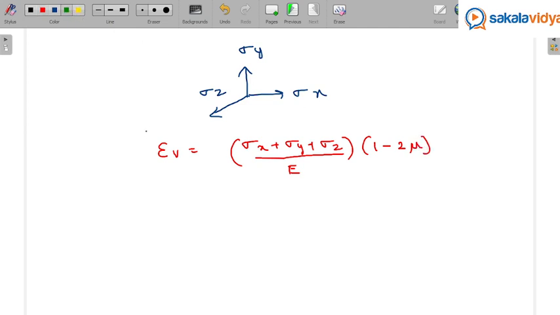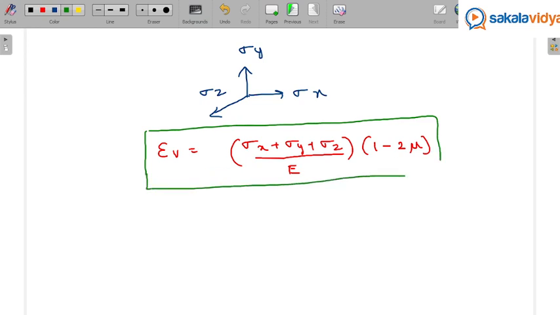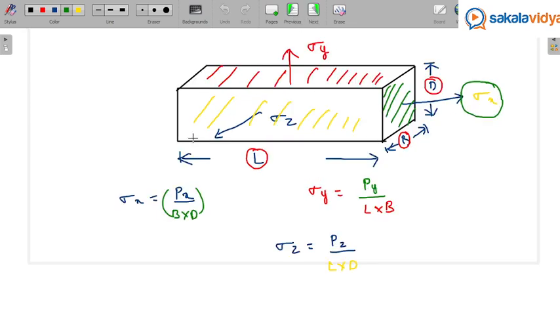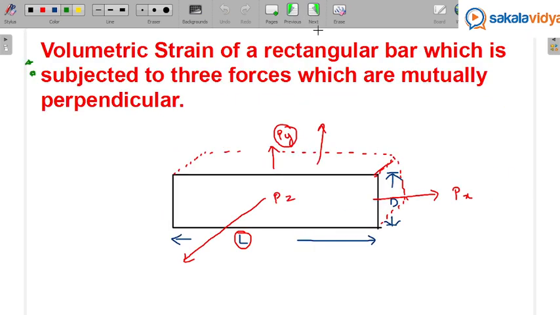This is the formula to calculate the volumetric strain when a rectangular bar is subjected to three mutually perpendicular loads or stresses. If stresses are given directly, we can use this formula. If load is given, our first duty is to convert the load into stress.